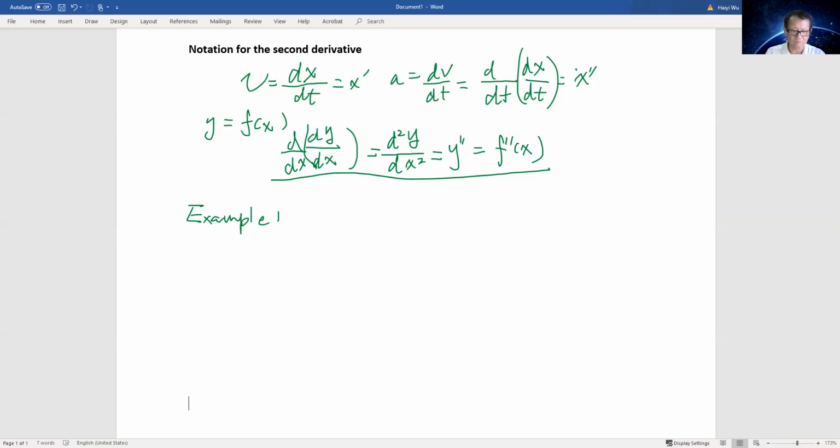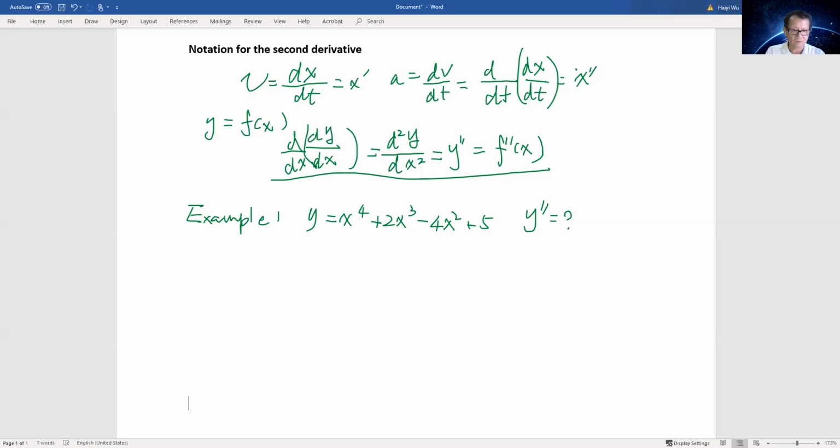Given y equal to x to the power 4 plus 2x cubed minus 4x squared plus 5, can we find the double derivative of y? Let's solve that.